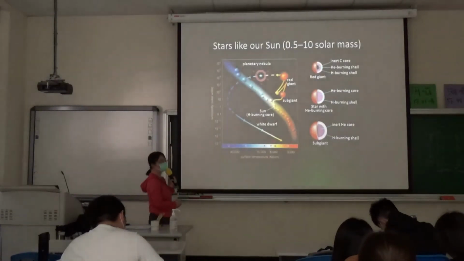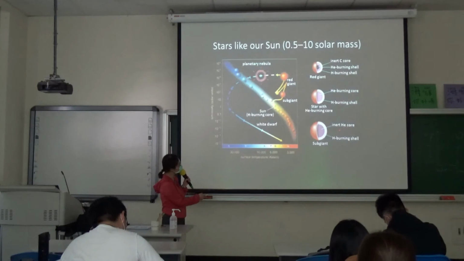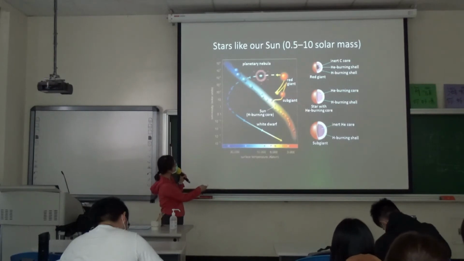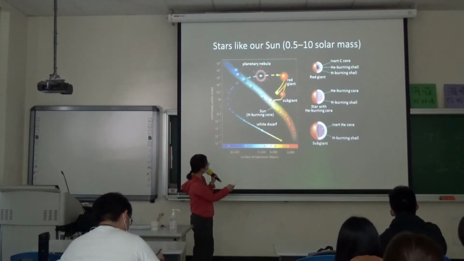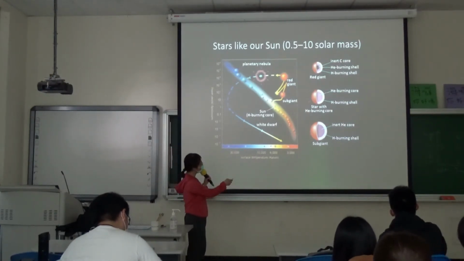So come back to this figure. At the subgiant stage, we have an inert helium core and a hydrogen burning shell. Then between subgiant and red giant, the star has a helium burning core and a hydrogen burning shell. Now the helium will also start to burn.